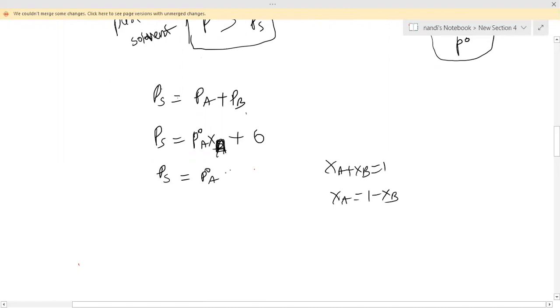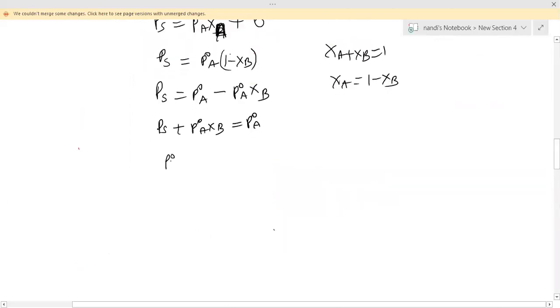Then PS equals P naught A minus P naught A XB. Rearranging, PS plus P naught A XB equals P naught A. Here A means solvent. So P naught A XB equals P naught A minus PS. Now XB equals P naught A minus PS by P naught A.